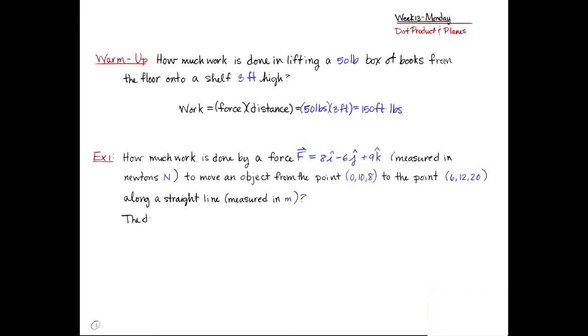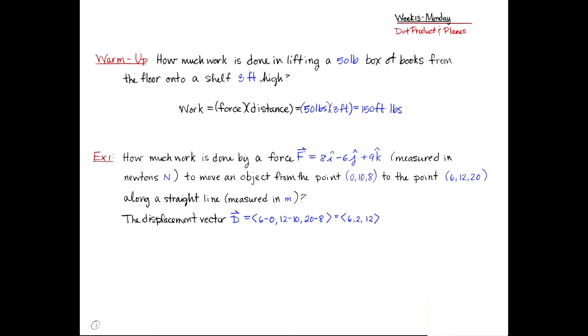So our displacement vector, which we'll call capital D, is equal to, we can do 6 minus 0 in our x component, 12 minus 10 in the y component, and 20 minus 8 in the z component, which simplifies down to (6, 2, 12).